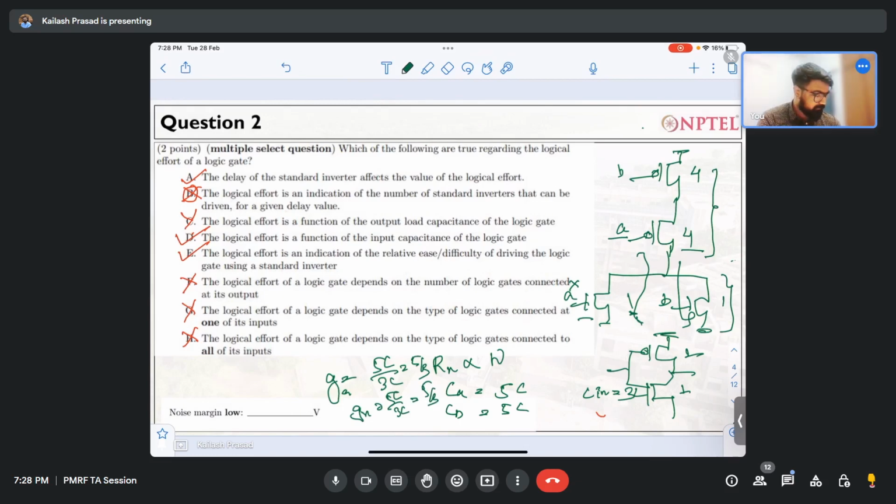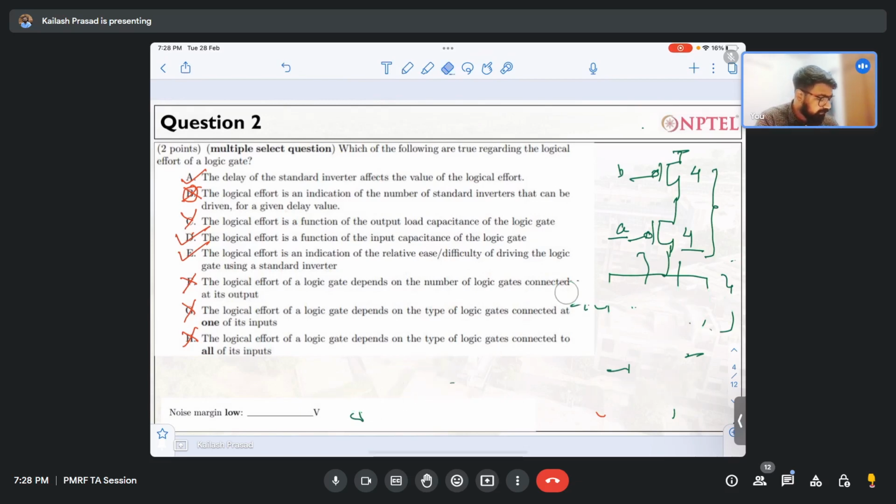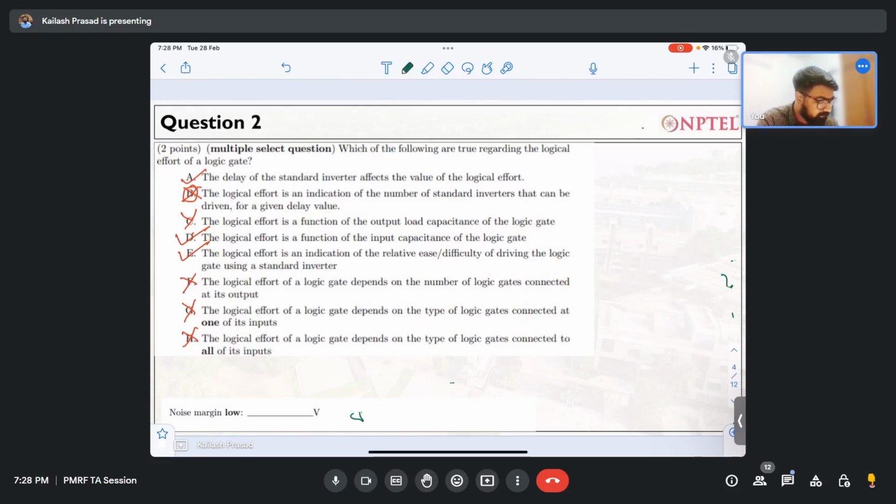If that is clear, I will give you one more gate, and you just quickly tell me what will be the logical effort, right? So I will understand that everybody has understood the concept. Let me make another gate.